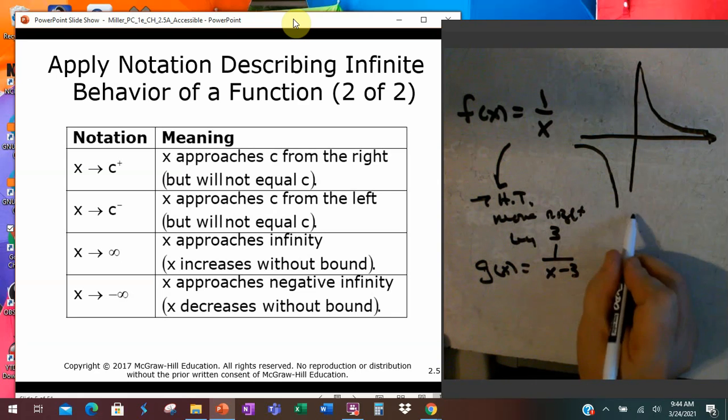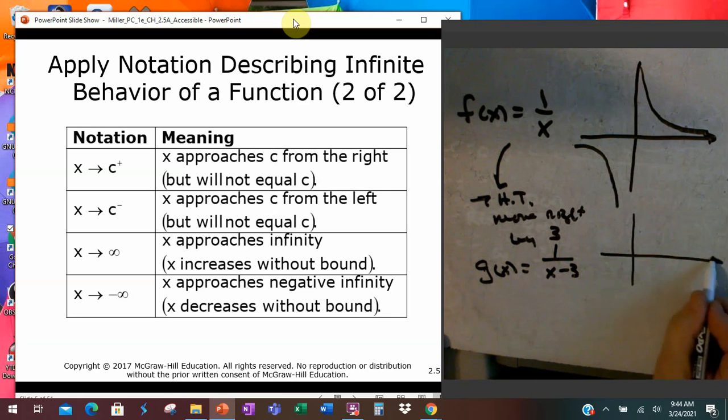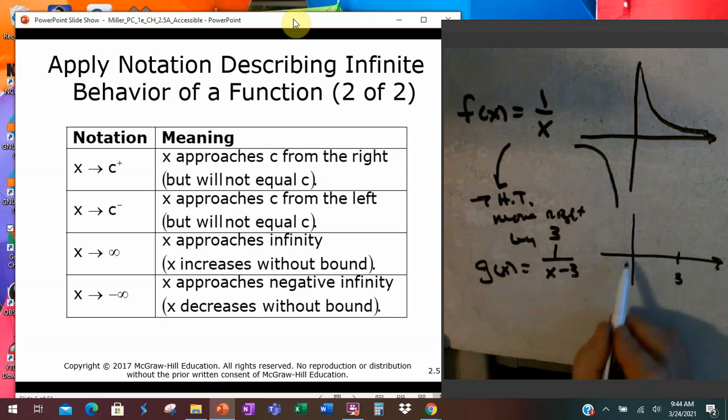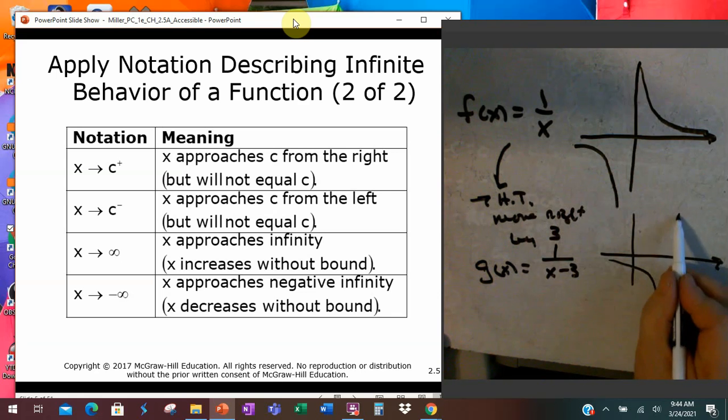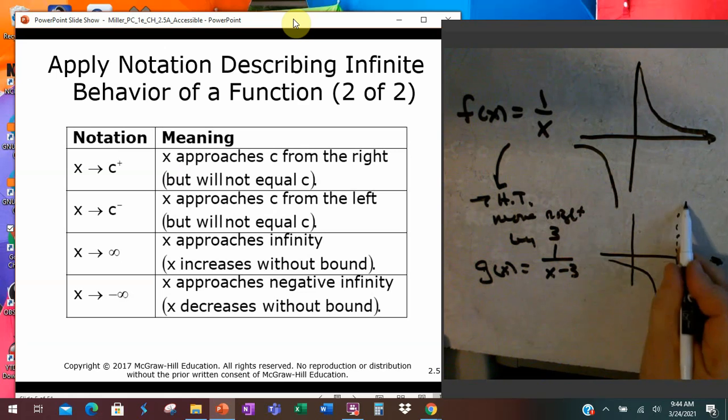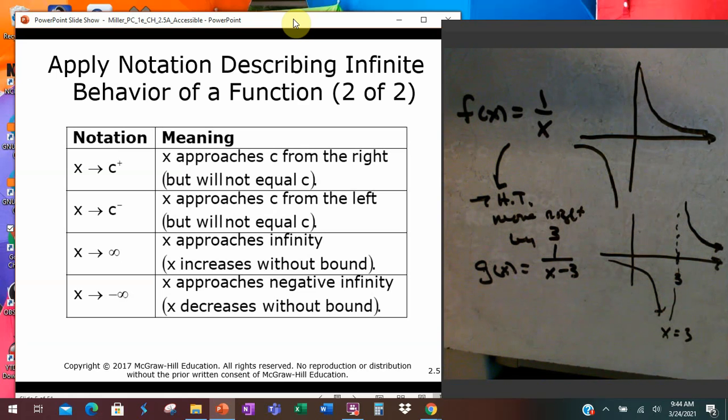And I move this over. So now out here at x equal to 3, this same thing is happening. Down here, if I drew the line x equal to 3, that's where I shifted this thing over. That's what I get.